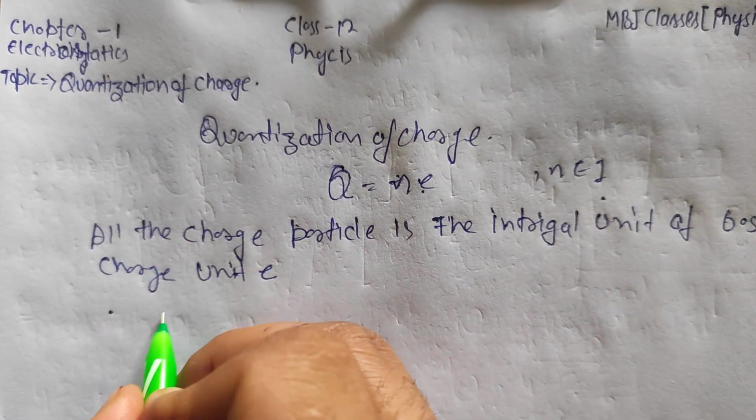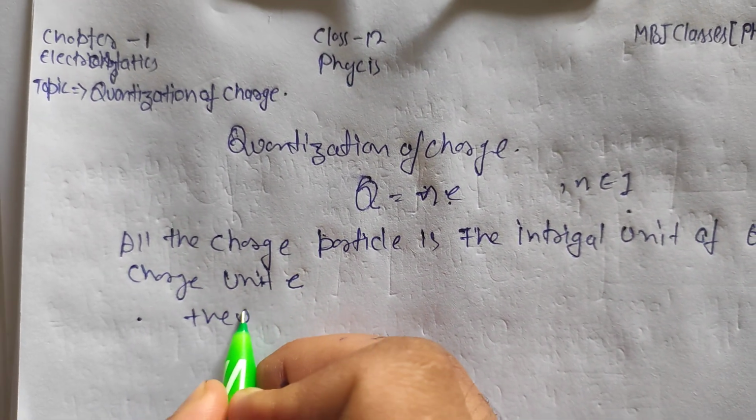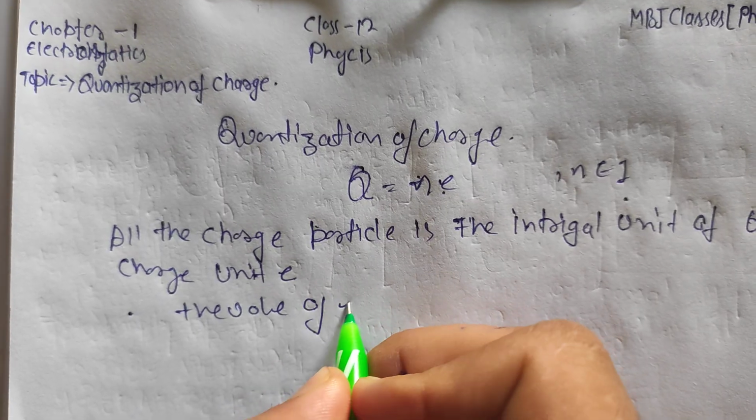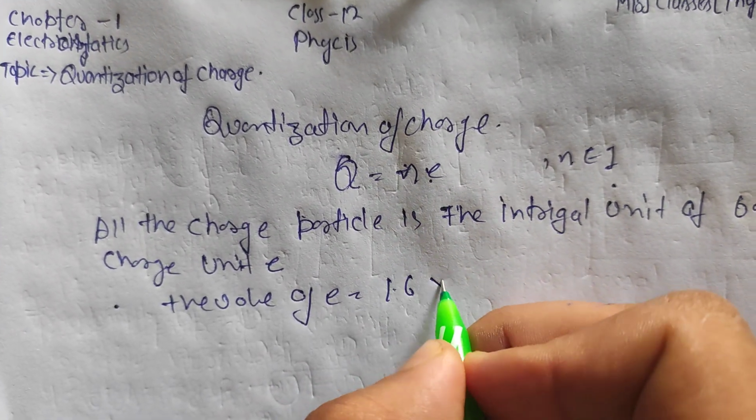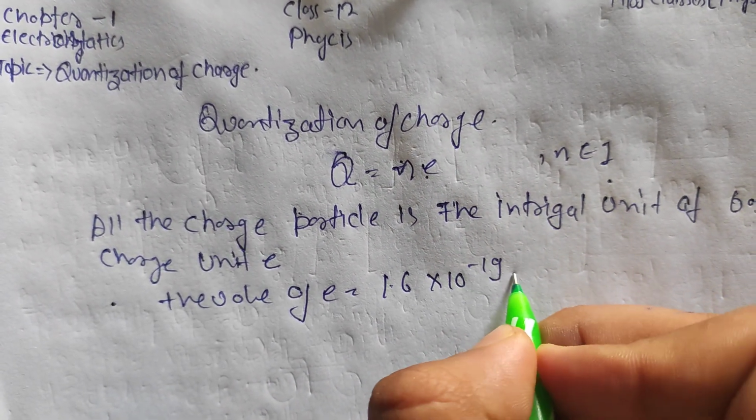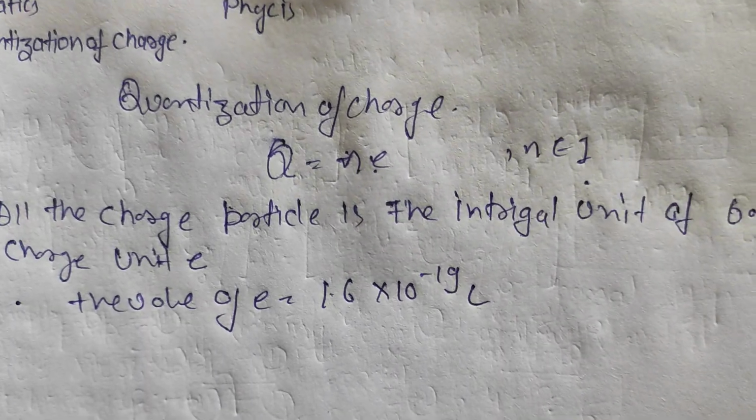And the value of e is 1.6 × 10^-19 coulomb.